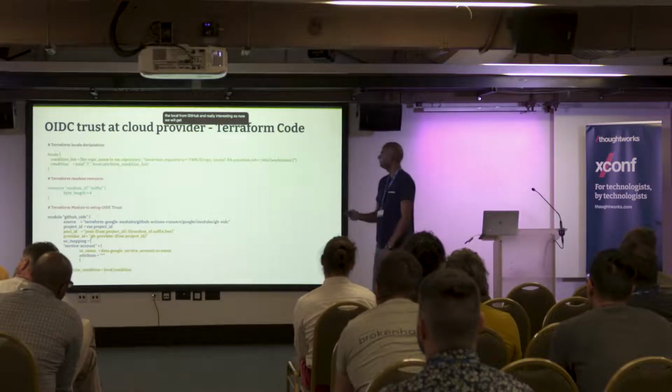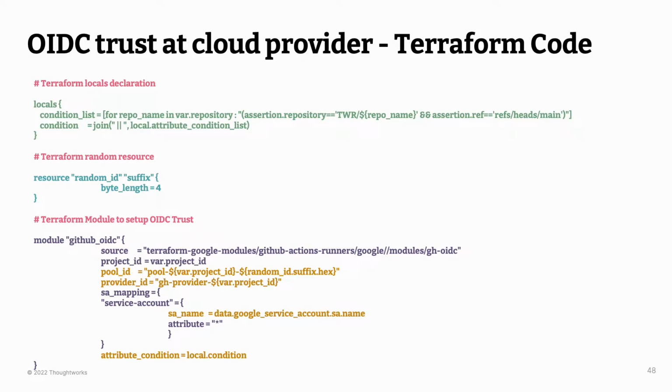So now it gives more power to Google Cloud to filter what it should allow and what it should not. This is the sample Terraform code that you can use to set up the trust level at the GCP end. Most of this code is publicly available on the public Terraform registry. It's basically a module, and by supplying some input parameters, you really get it set up. And that defines the trust level on the GCP end.